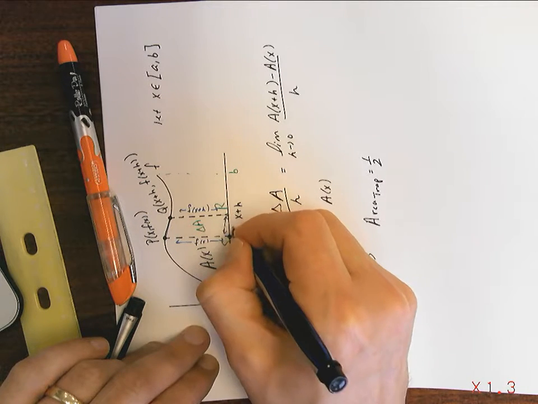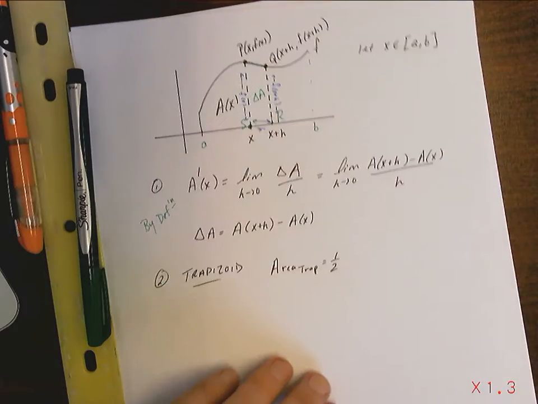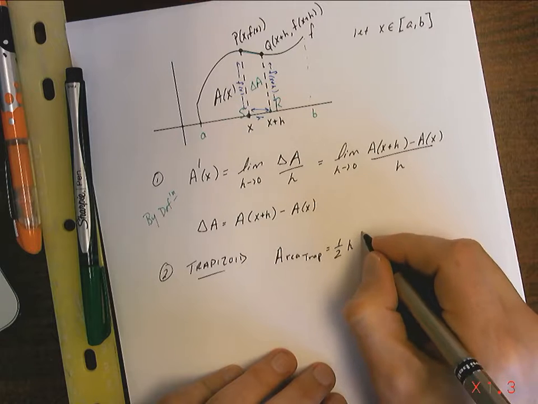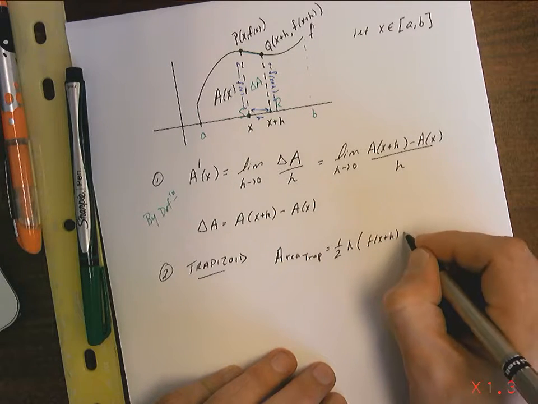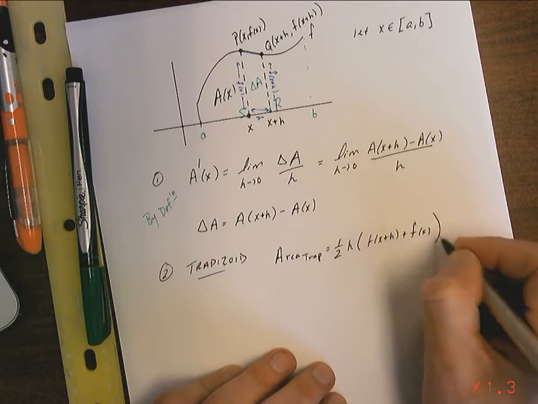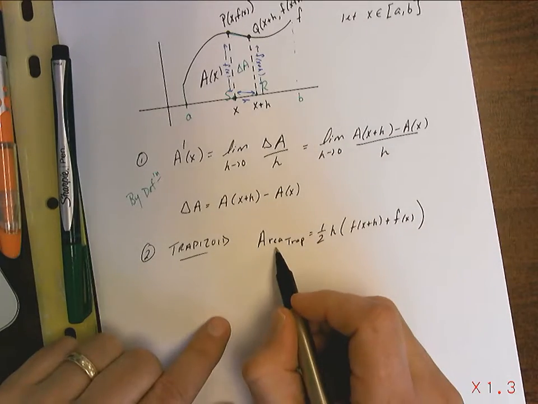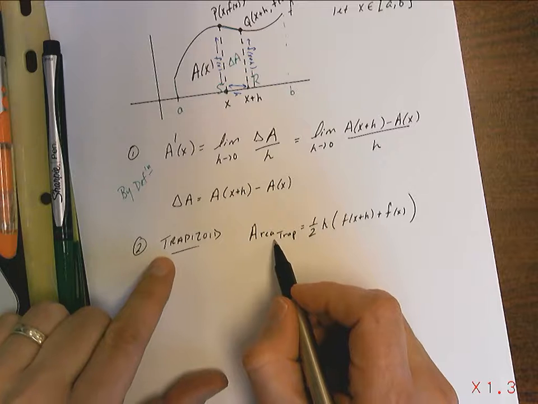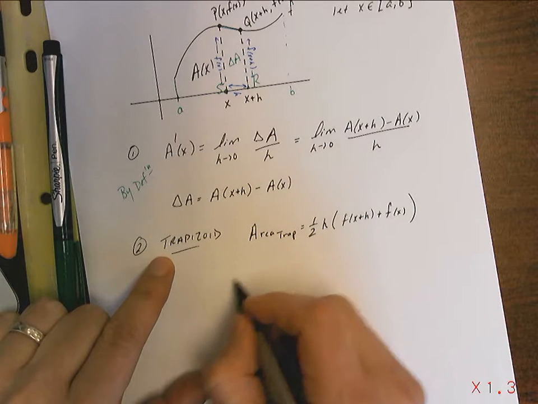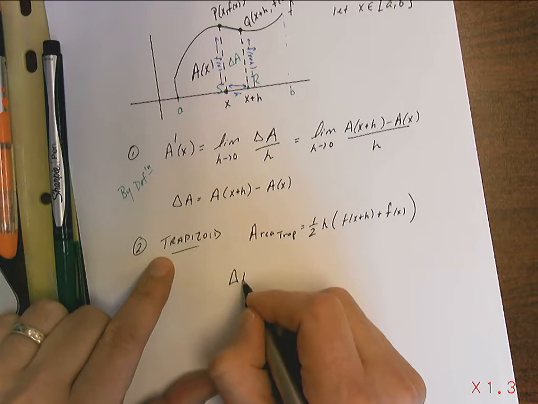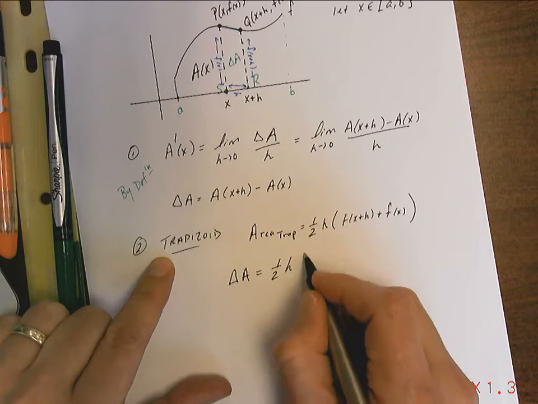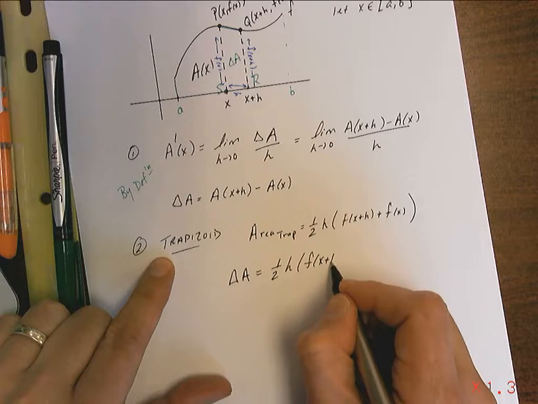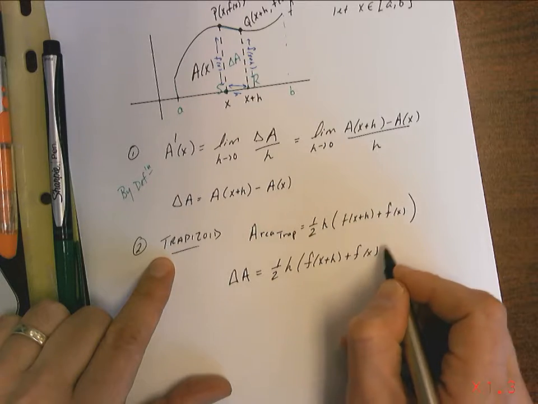This is simply h. So that means that the area of this trapezoid will be 1/2 h times f of x plus h plus f of x. That's the area of the trapezoid. Now, the area of the trapezoid is equal to delta A. So delta A is equal to 1/2 h times f of x plus h plus f of x.